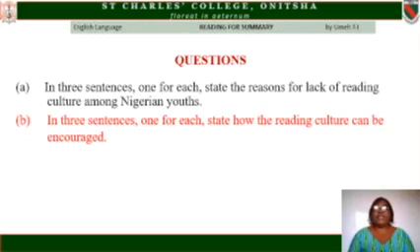So looking at these questions, you see that in the first one, we have 3 sentences. Second one, 3 sentences, which means you have 6 sentences in all. And for A, you must start with a preamble related to that question. For B, you also need another preamble taken from that question that will connect your answers. Then, remember, since you have 6 sentences to give, in SSCE level, each summary question carries 5 marks.